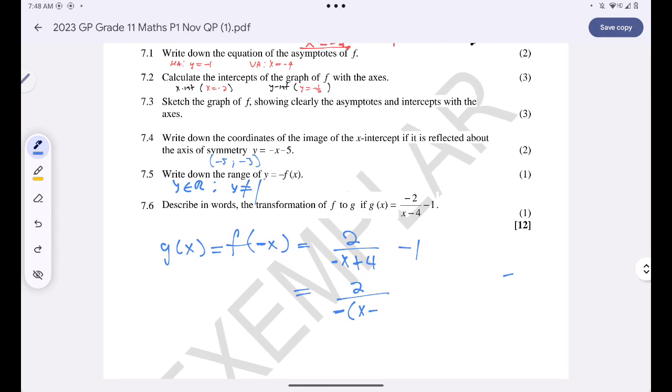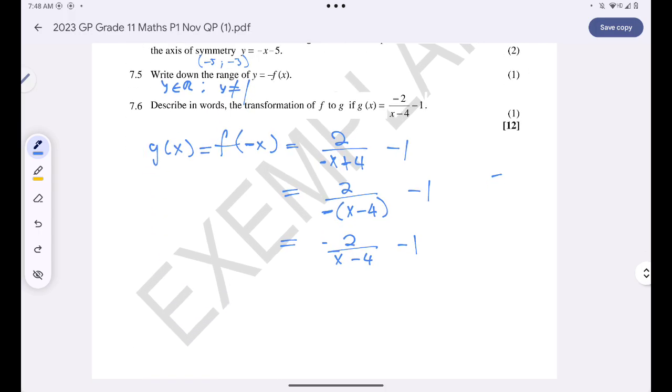So whenever I take out a negative sign, I'll be left with negative here, and I still have my negative 1. If I'm dividing a positive number with a negative number, it simply means that the entire number will be negative. So I'll simply write negative 2 over x minus 4, minus 1.